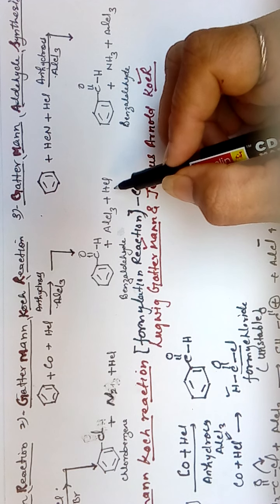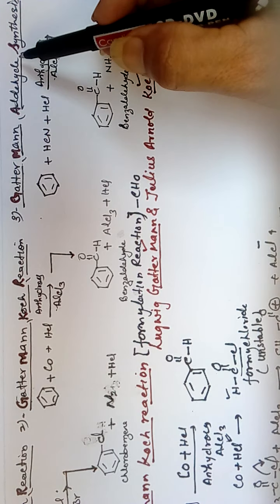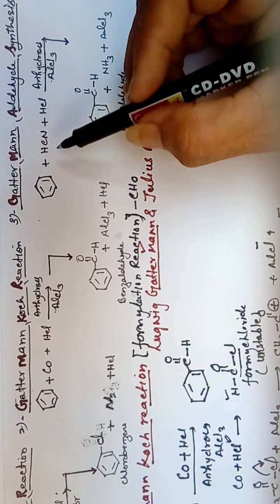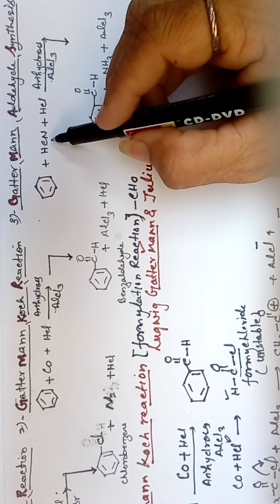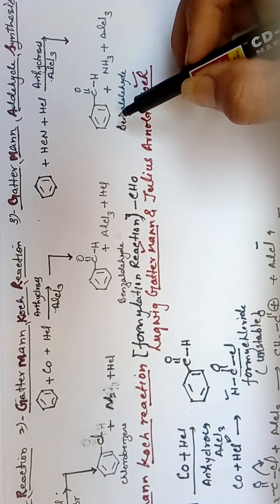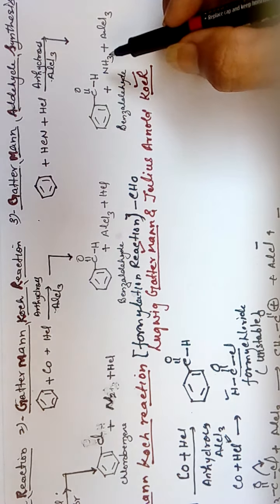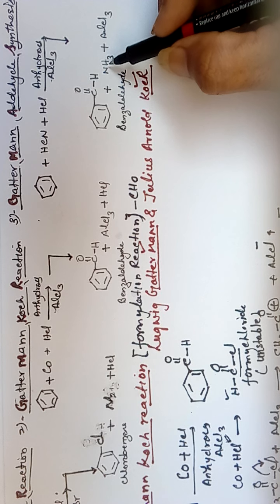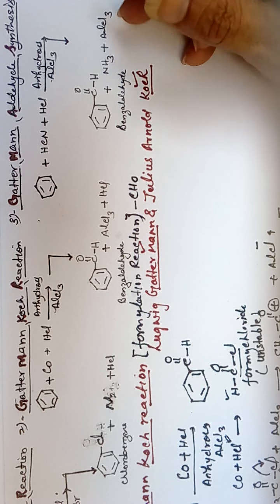And what happens in the Gattermann aldehyde synthesis, guys? In the Gattermann aldehyde synthesis, benzene reacts with HCN and HCl in the presence of AlCl3. It also forms benzaldehyde like the Gattermann-Koch reaction, and it also forms ammonia, and AlCl3 is regenerated as a catalyst.